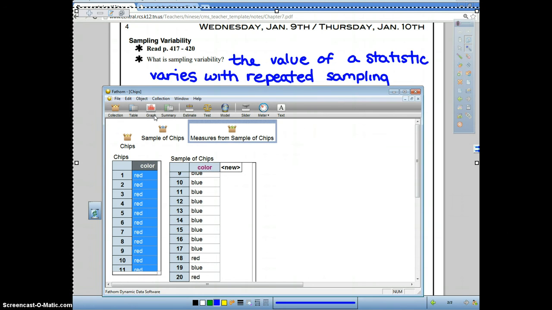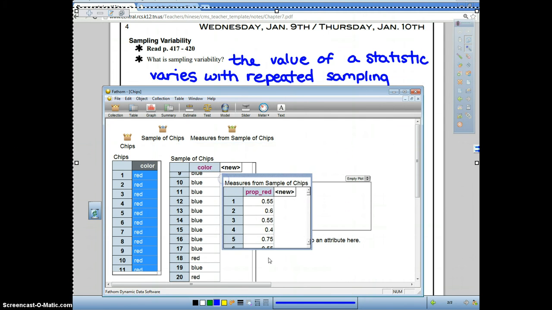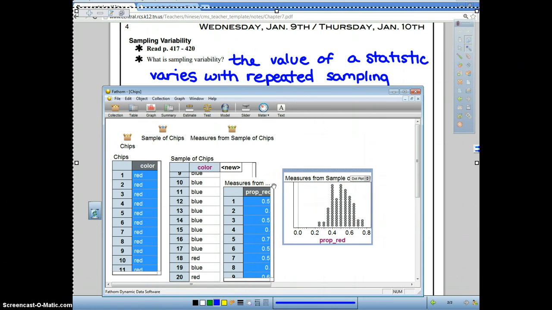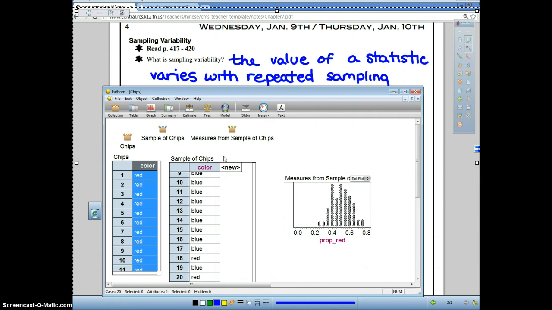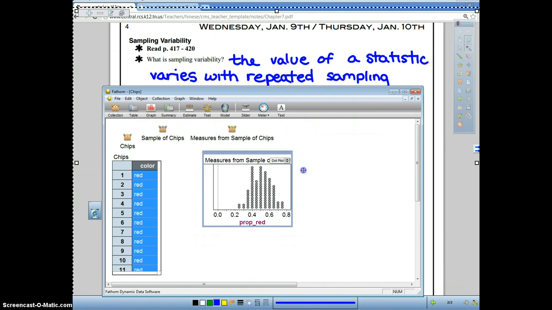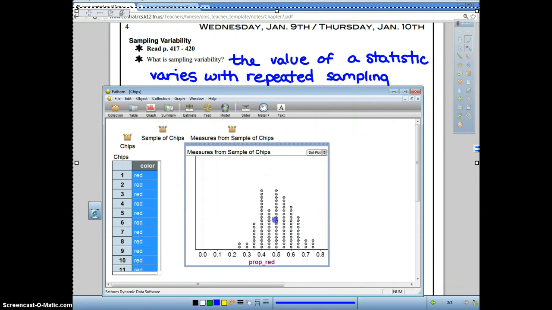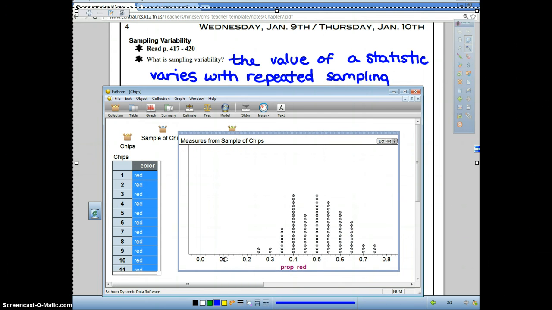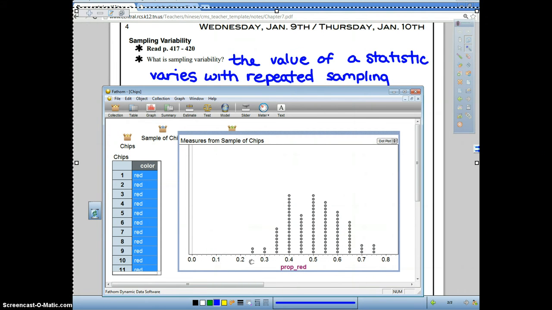And then I can graph this, and we can look at it in table form, and you can see that every one of them is different. So if I graph it, that'll help me easily to see my distribution. We can go ahead and move this out of the way so we have more room. We can see our distribution of chips that were red. And we see that we have a unimodal distribution.